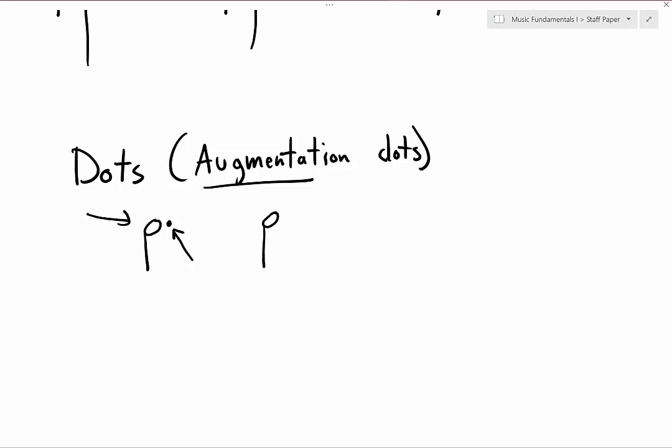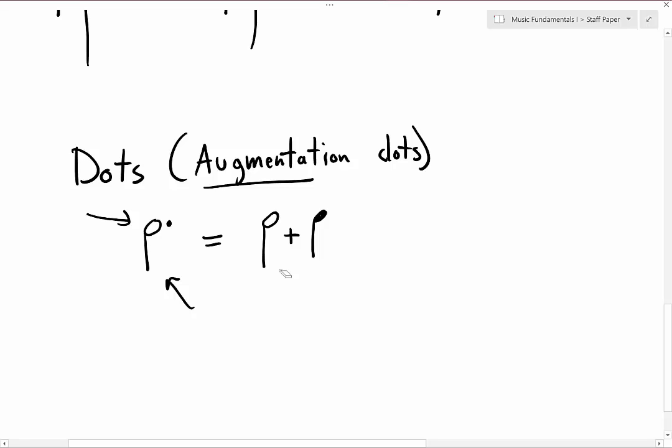So what you can imagine is half of a half note is a quarter note. So really, a dotted half note equals a half note plus half of its value, which is a quarter note.